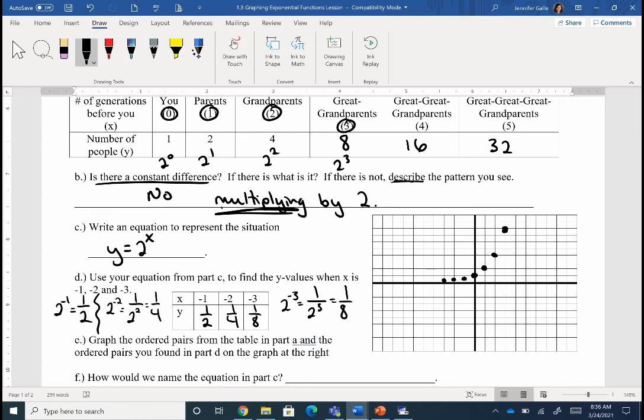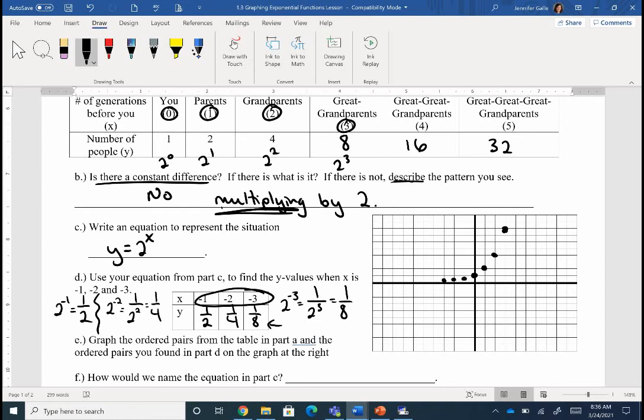So when I had positive exponents from our table up above, all my results were positive values. When I had negative exponents, all my y values were once again positive. There's nothing I can put in for that exponent. We just spent a lot of time with those exponent properties.